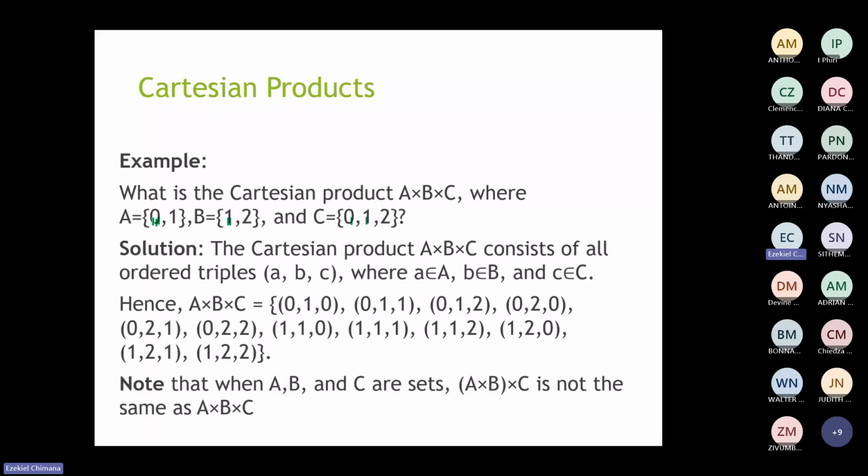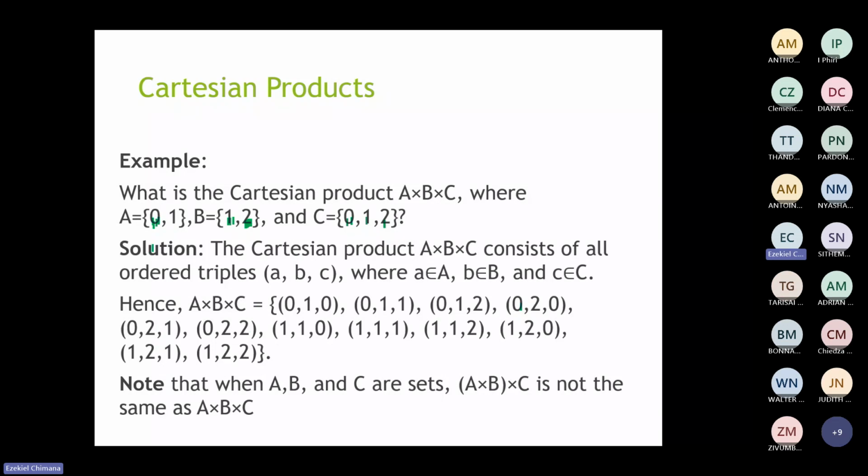You go to this 0, this 1, this 2. That's why I've got 0, 1, 2. Then we have actually matched this one with everything here. So you have to shift from this one to this one. So it will be again 0, but now you are going for a 2 and then 0. That's why I've got 0, 2, 0. Then it's 0, 2, 1. Then it's 0 again with this 2, with this 2. That's why I've got 0, 2, 2.